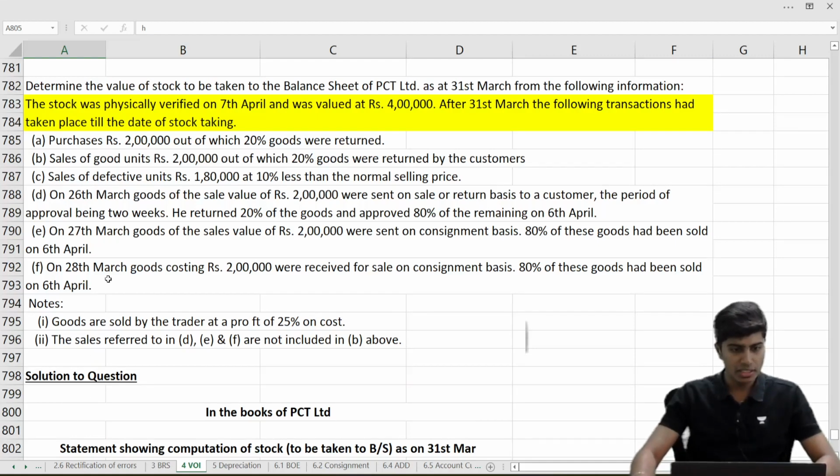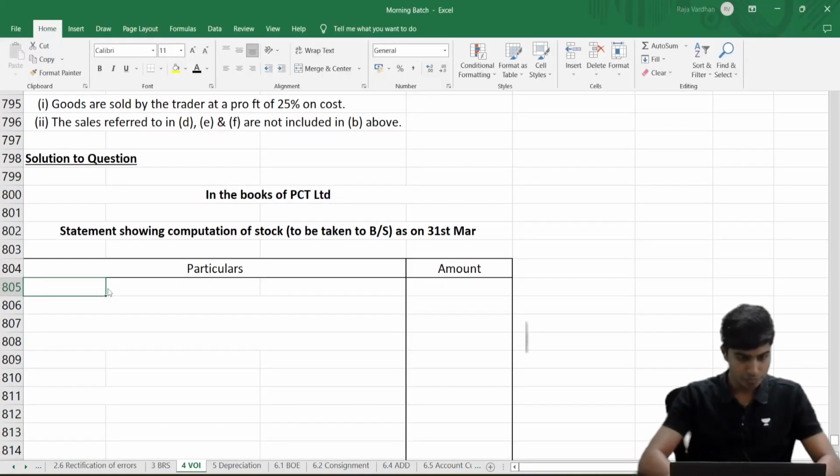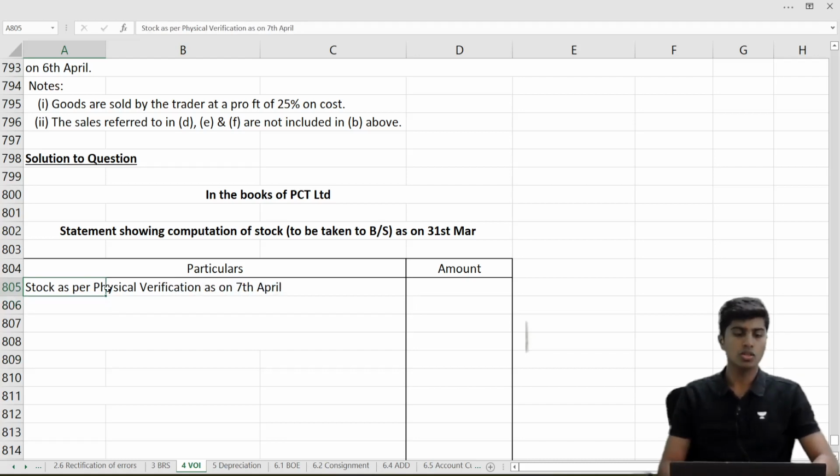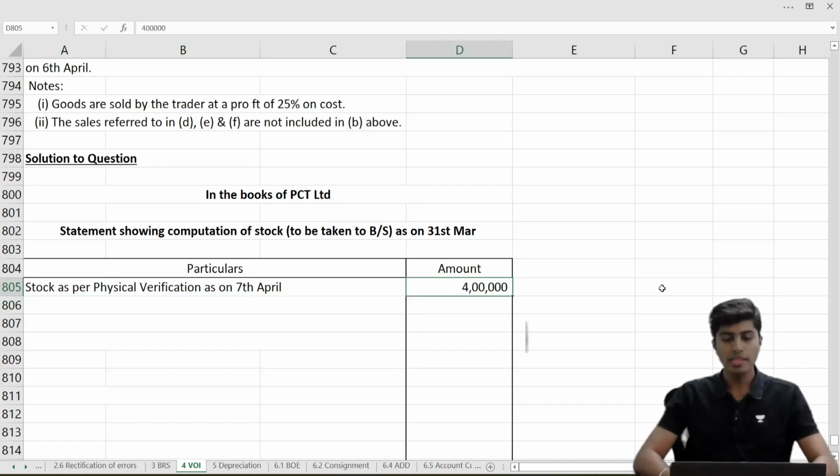Our starting point is stock as per physical verification as on 7th of April. This is 4 lakh rupees. This is our starting point.